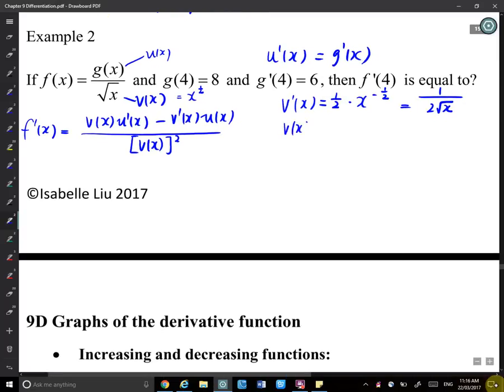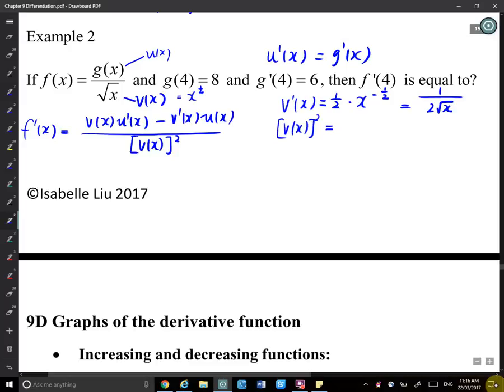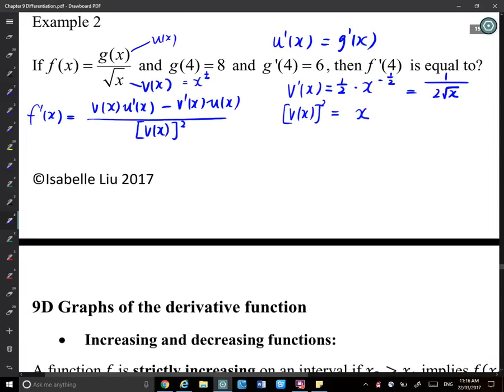What is vx squared, everyone? It's not a hard question. Vx is square root x, so square root x times square root x just gives x. You squared it, you just have x. Okay, let's put all the information I know into f dash x.